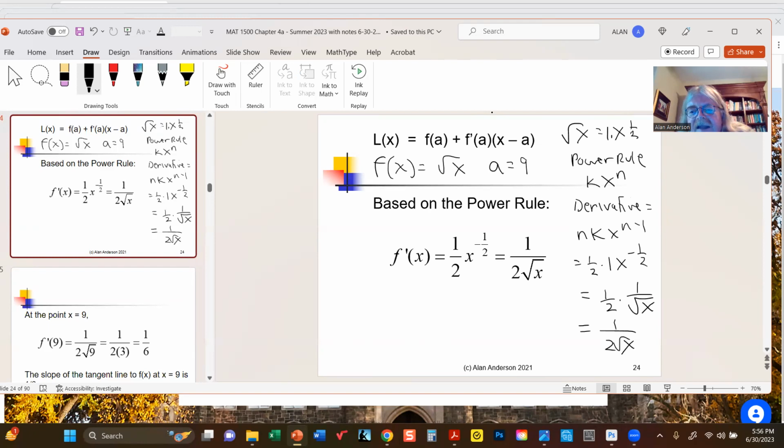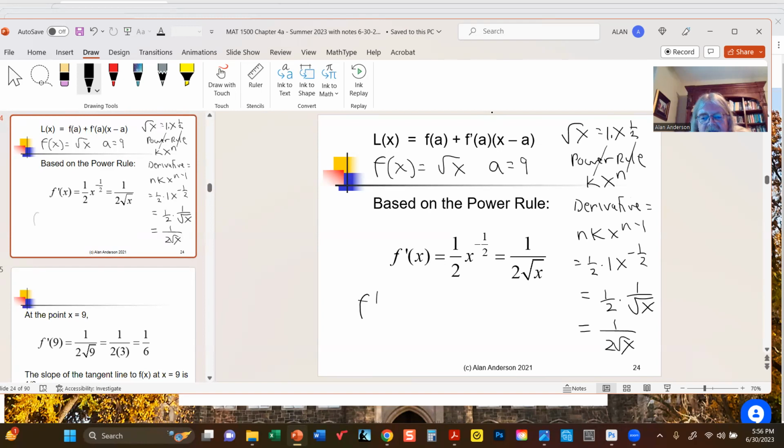So we have k x to the n, k is 1, and n is 1/2. So when we take the derivative, we get n k x to the n minus 1. Of course n is 1/2, k is 1. Then we have x to the n minus 1, which is 1/2 minus 1, or negative 1/2. So ultimately, we have 1/2 times 1 over radical x, or 1 over 2 radical x.